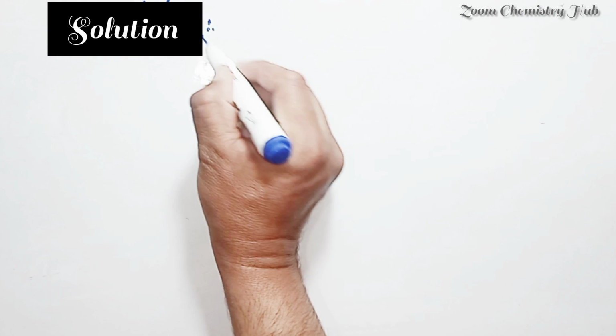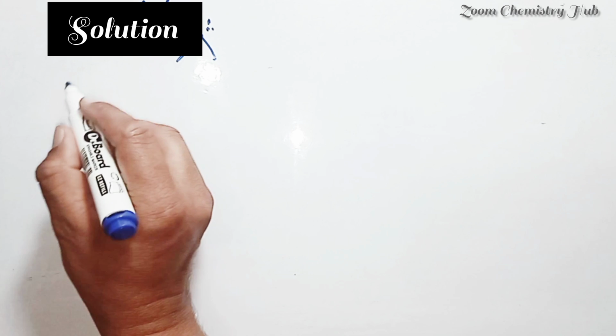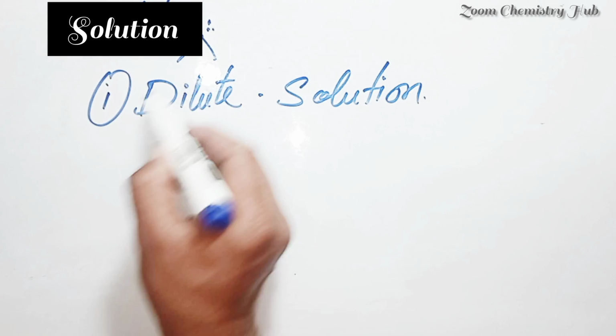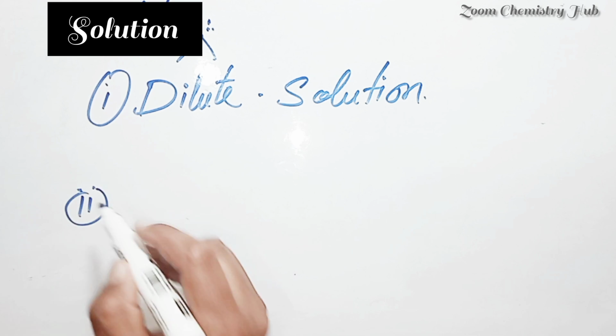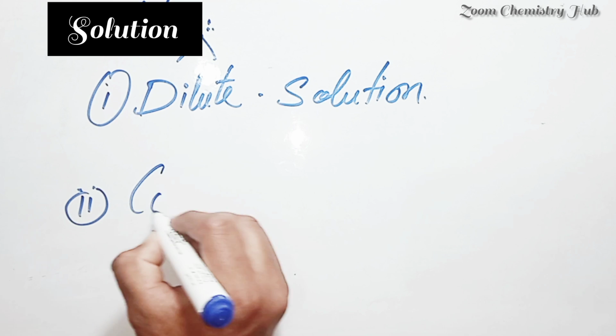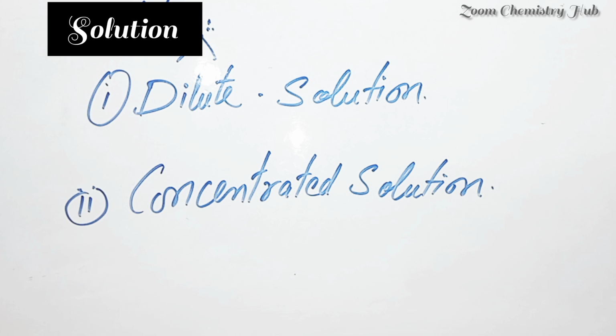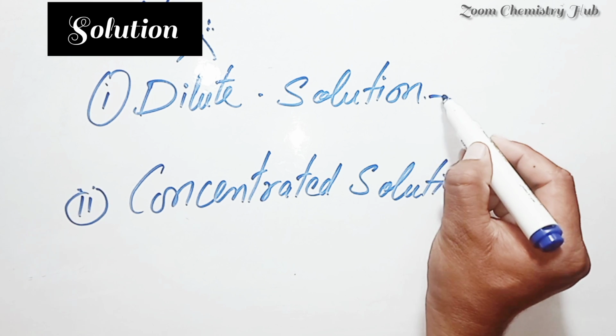On the basis of the amount of solute and solvent, we can differentiate the solution into dilute solution and concentrated solution. We can understand these two by a simple example.